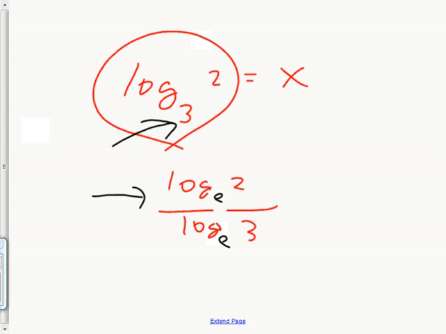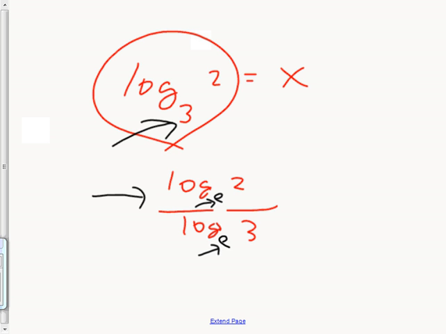Because the bases, as long as you got one on the top and one on the bottom like that, the bases are getting bigger or smaller together. And therefore, the ratio is staying the same. Not really canceling the E, but it means that the E could be anything.